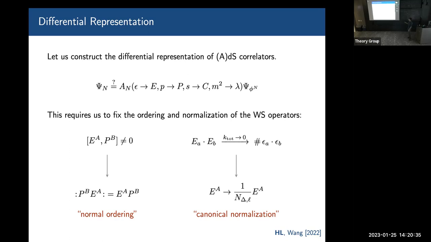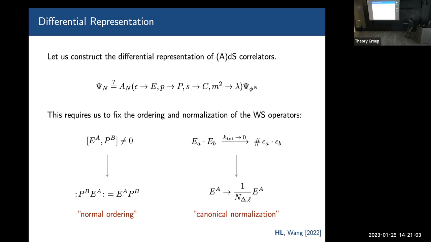But in this new paper with Xingang Wang, we figured out the correct ordering that gives correlation functions with the consistent flat space limit when you take k total to 0. So basically, the right ordering turns out to be the one that places these spin operators to the left of all the momentum operators.